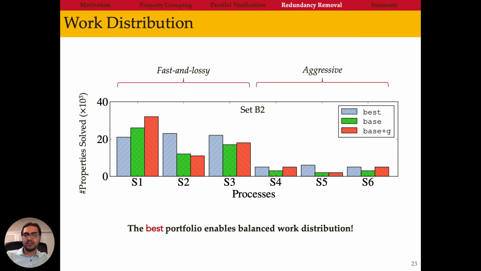In contrast, the first fast and lossy process in the base plus G portfolio solves considerably more number of properties compared to the other two fast and lossy processes represented in orange, which is indicative of scheduling limitations across parallel processes.